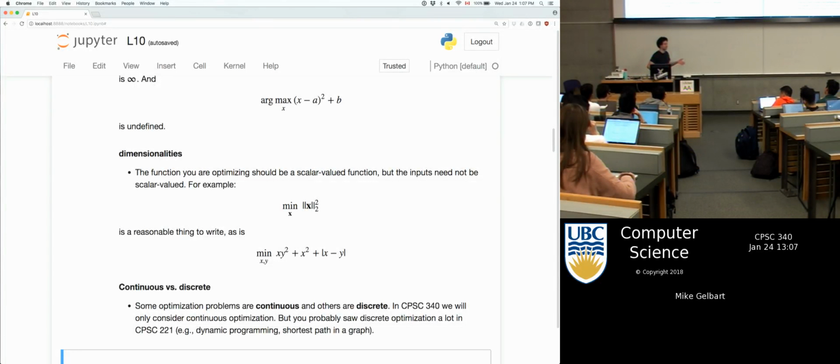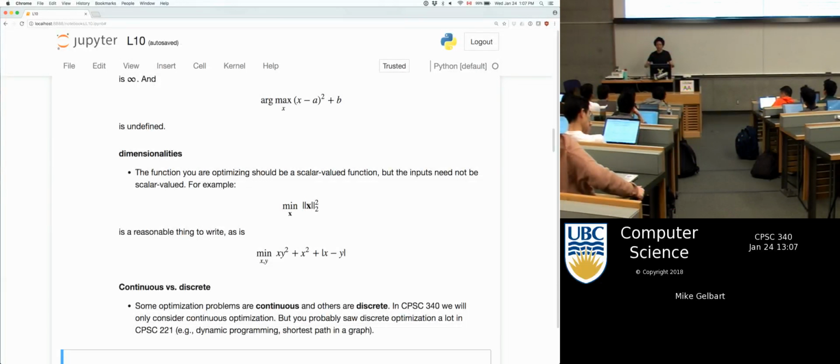And in fact, in most interesting cases, it's not just a number. There's two separate ways you can think about this, and I'm equally happy either way. You can think of it as you're minimizing over some vector x. And that's the thing in the middle of the slide here.